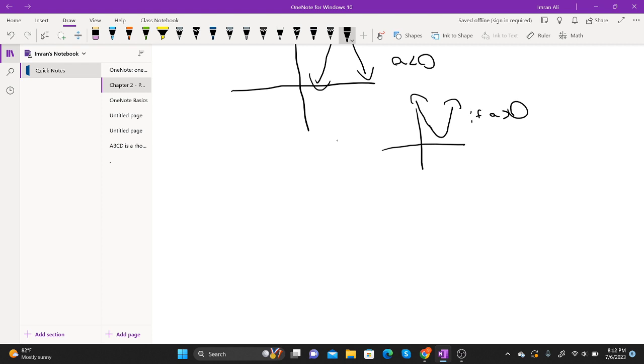The other thing we need to focus on is the sum and product of the roots of a quadratic polynomial.